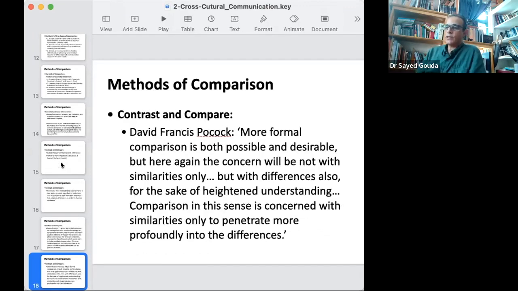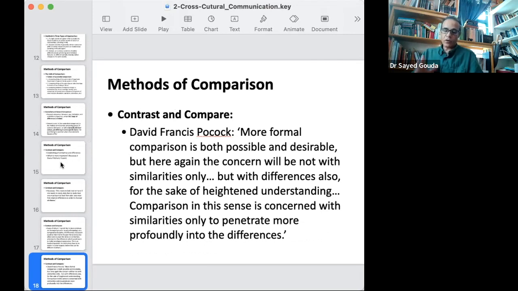Another one, David Francis Pocock: more formal comparison is both possible and desirable. But here again, the concern will be not with similarities only, but with differences also, for the sake of heightened understanding. So some scholars prefer to focus on the differences, while others prefer to focus on the similarities.